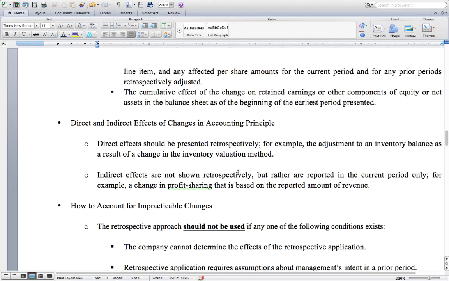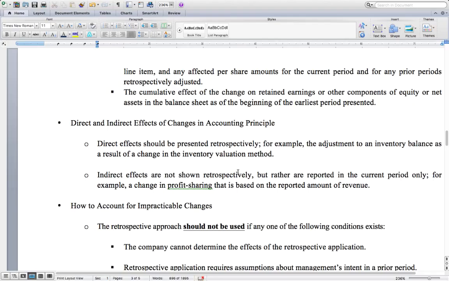As we talked about in our very first example, where the company changed from a LIFO measurement to an average cost measurement, this would be an example of a direct effect. Therefore, they need to adjust their inventory balance on a retrospective basis, which, if you remember from the section on the 3 steps of things you need to change, the balance to the assets and liabilities is one of them, and that is where the direct effect ties in.